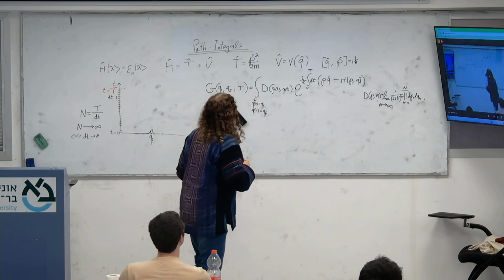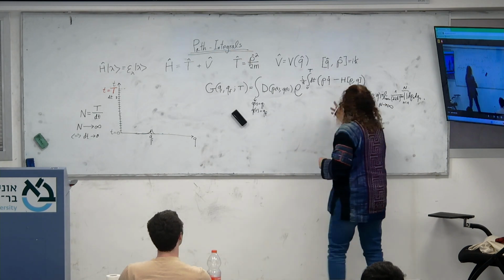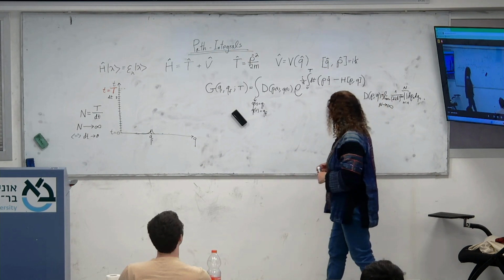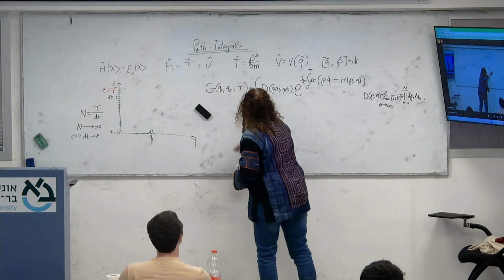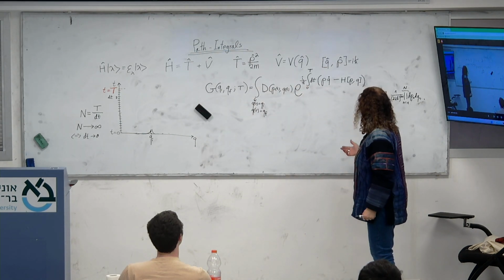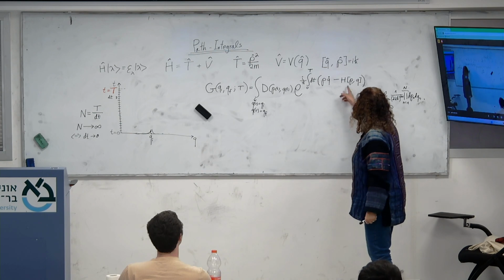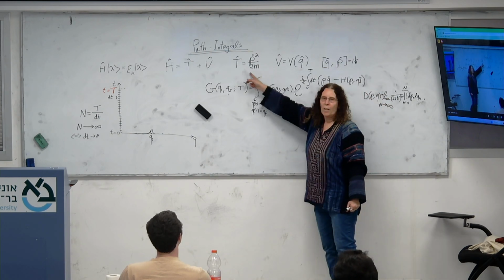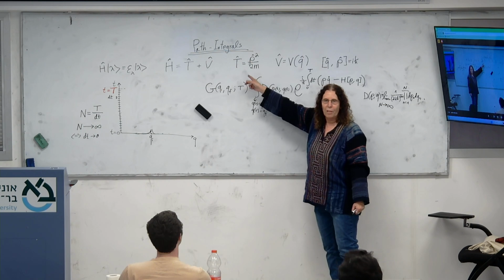So we want to get rid of the integral over P. And we can do it because the P dependence of H is very simple. It's just a Gaussian, right? It's a p squared.